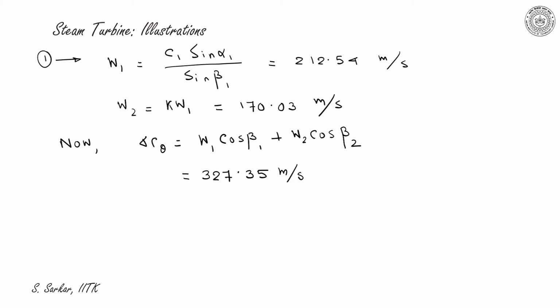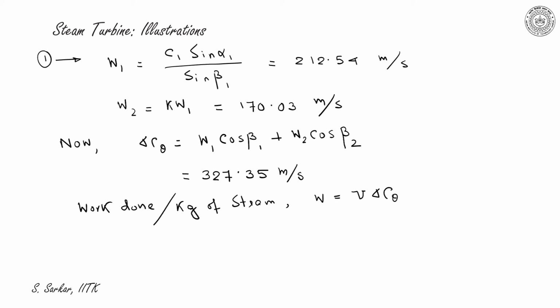So hence the work done per kg of steam you can put as W equal to U into del C theta.